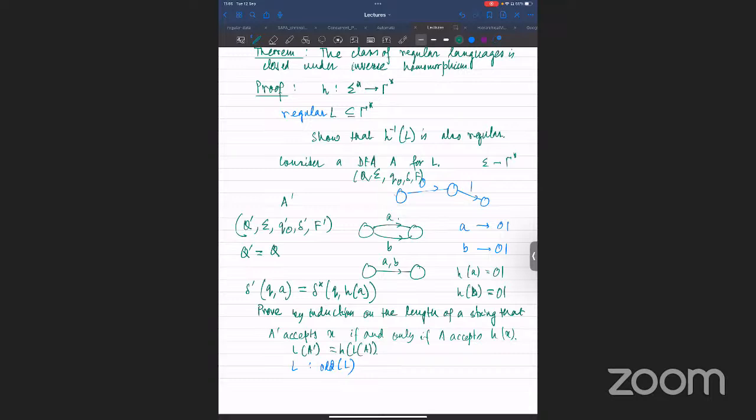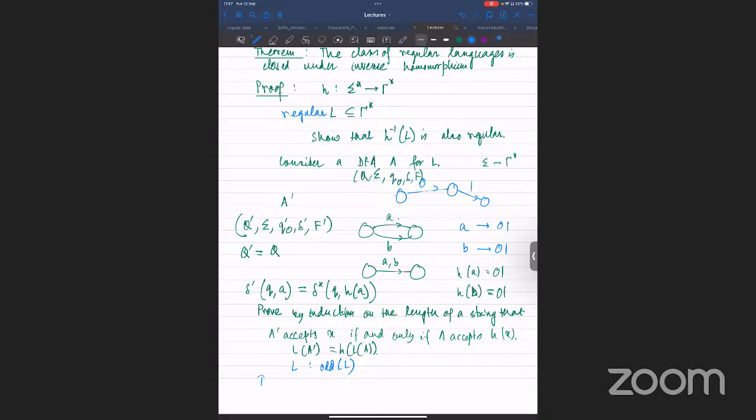It is just like we are constructing an A prime which, when it makes a transition on a, is simulating the transition on h of a in the original given automaton, capital A, which accepts the language L. Clear, right?